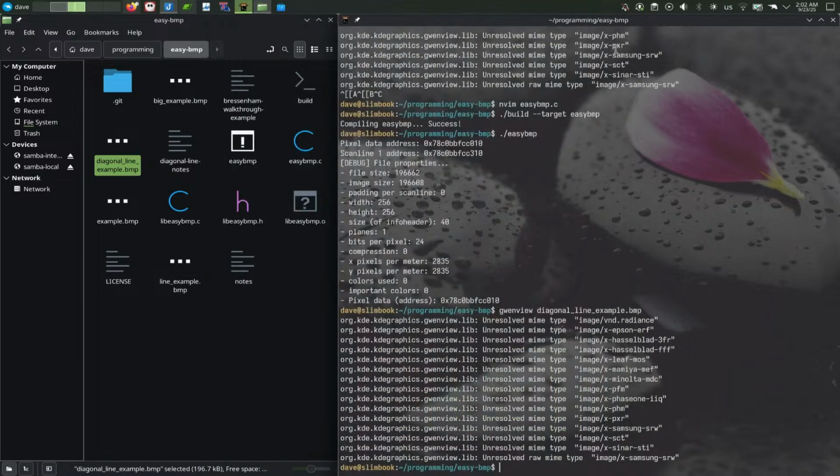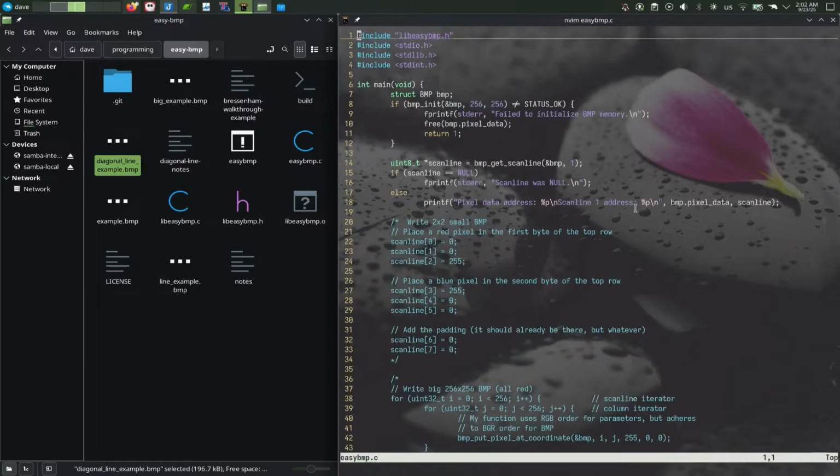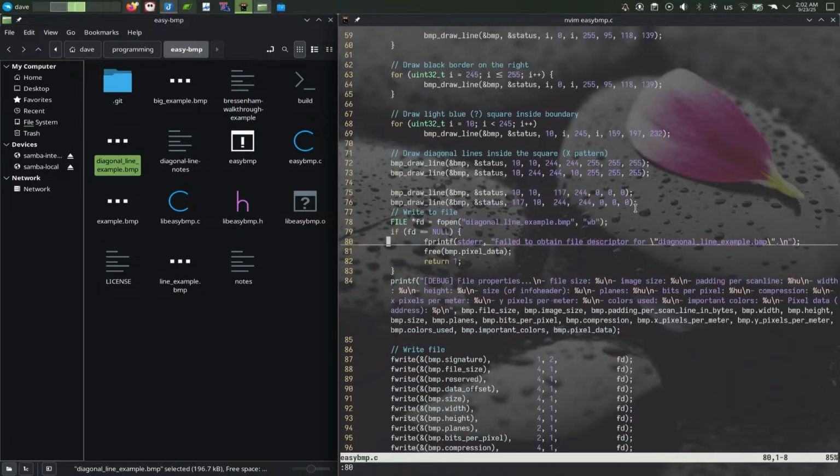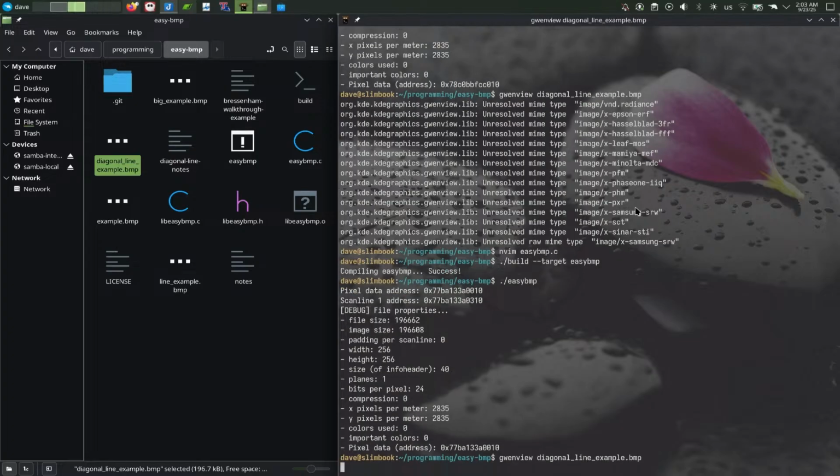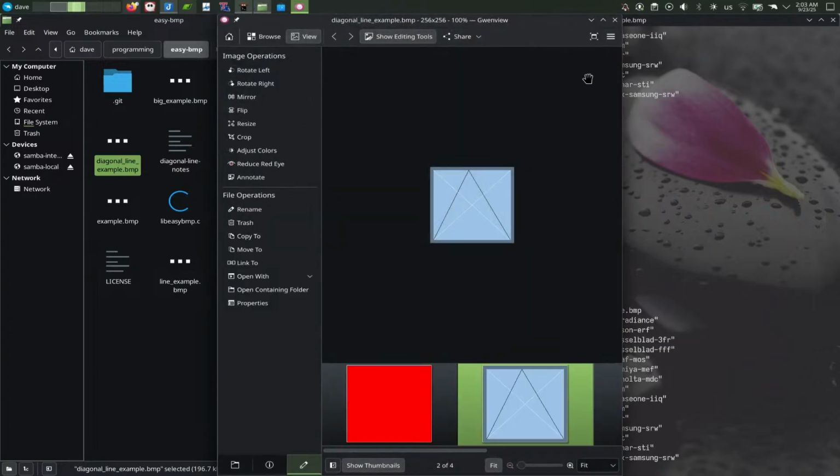So now we can go find out why that happened. Its instructions here were clear. Maybe I need to do, let's try 244 to 117. There we go.